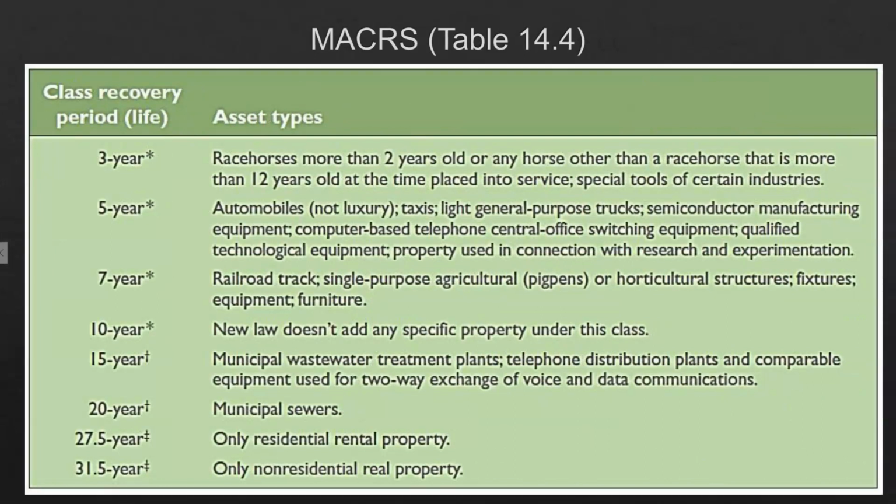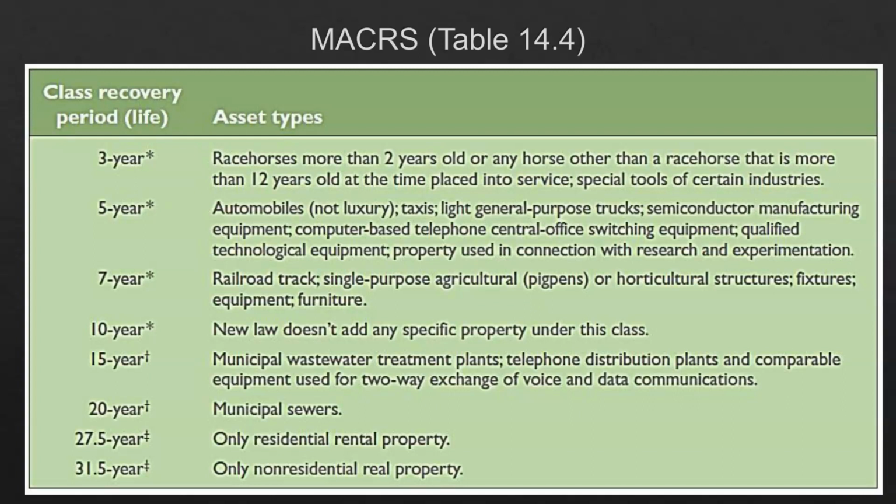Here is the MACRS table. This is one of the ones that you would have to use if you were actually working out the depreciation schedule. You would need to know, am I doing a 3-year, a 5-year, a 7-year, whatever. And so you would look at it and find the item that you're depreciating.